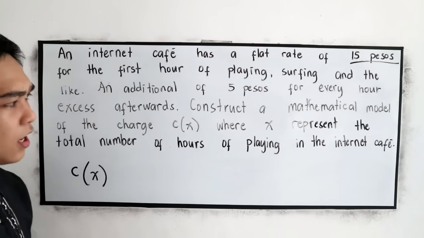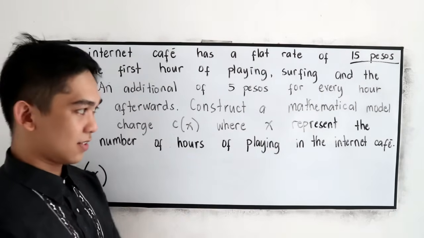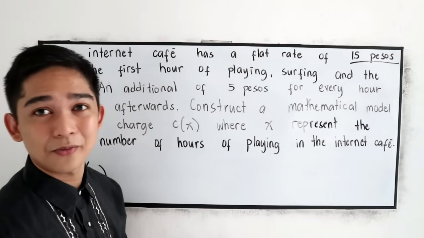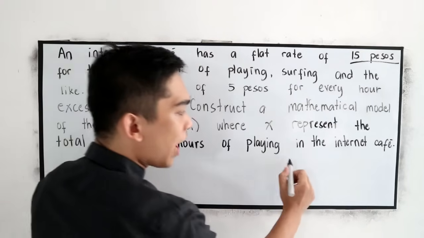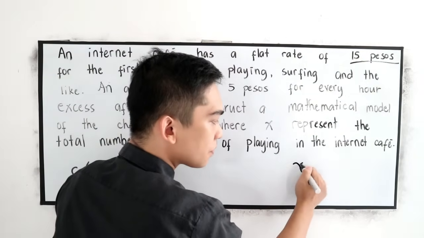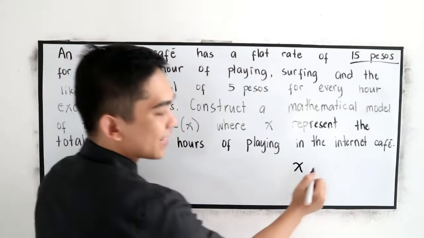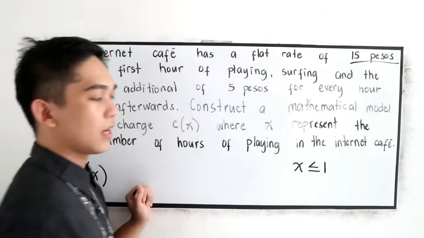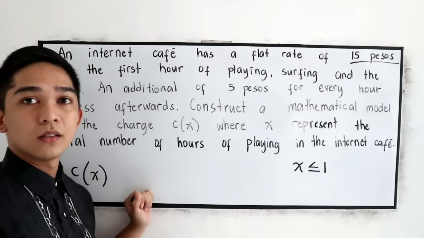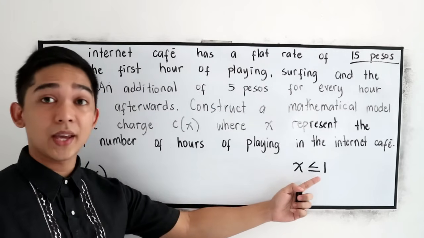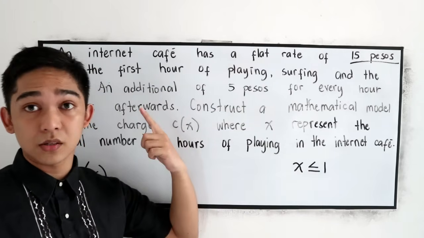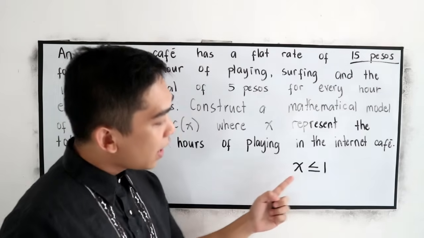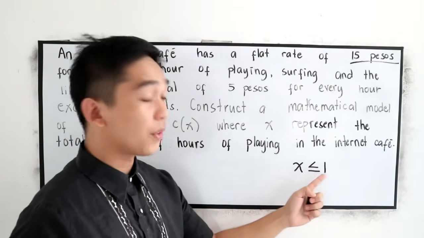Okay. So, x is the total number of hours. So, if we have x is less than or equal to 1, ayan. Ang babayaran mo daw ay 15 pesos. So, explain natin ito. X is less than or equal to 1.